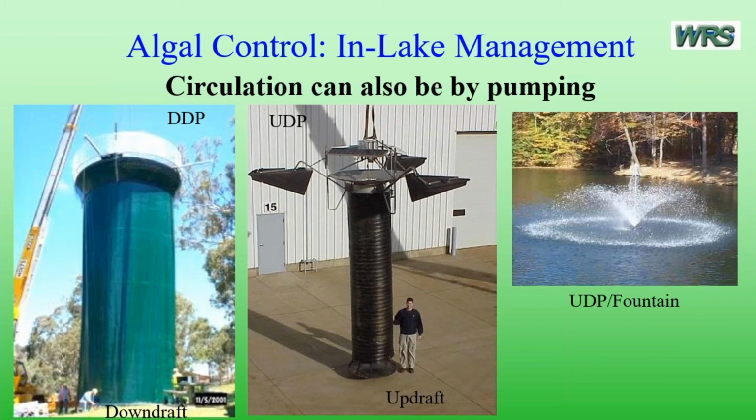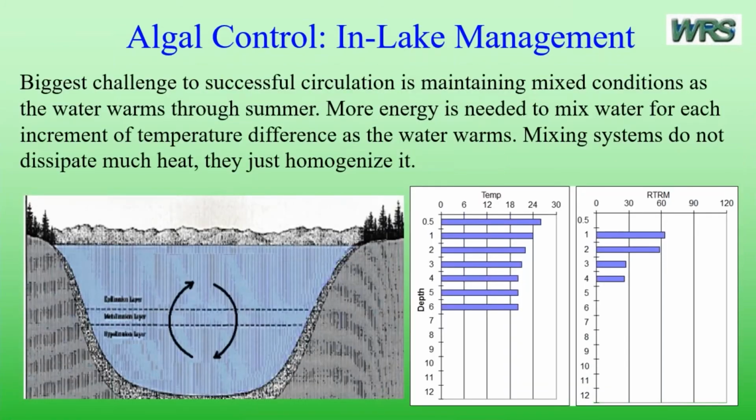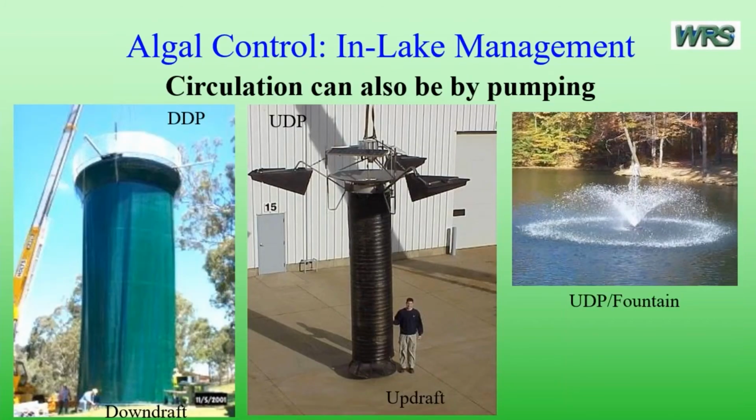And that's a constant source of aggravation going back and forth between the company and practitioners and so on. But the theory's sound. It's just that it doesn't do everything they say at the level they claim. I want to mention their fountains also are the same idea. You're throwing the water in the air, you're oxygenating, putting it back down, aesthetically pleasing, not very efficient, but it could be effective.